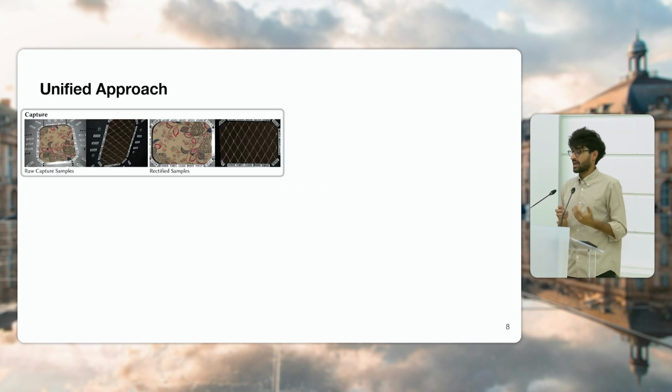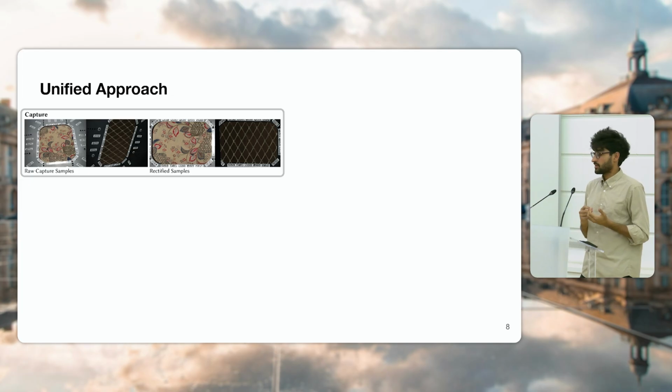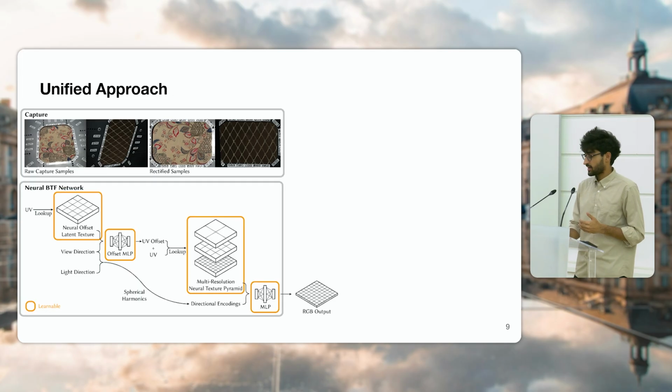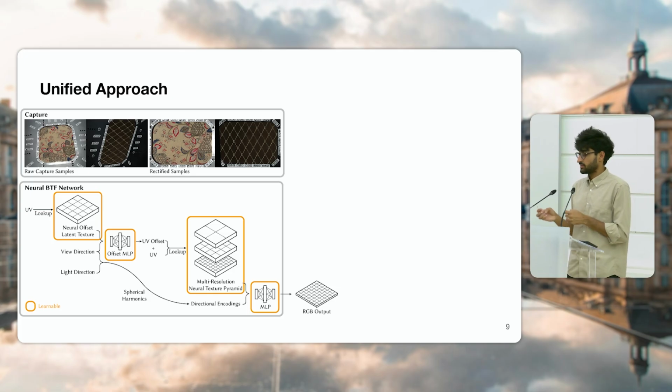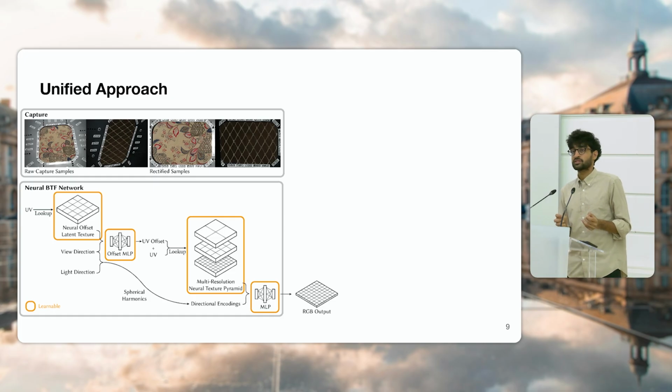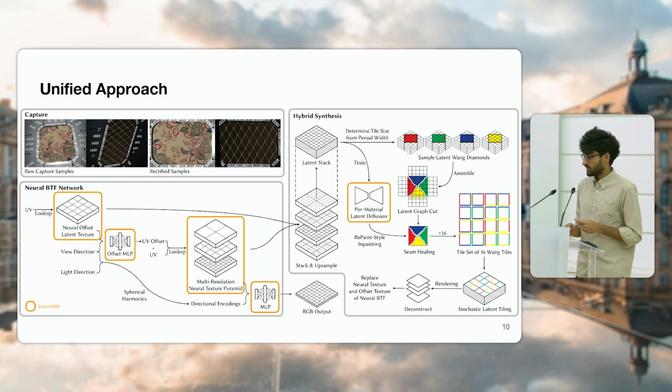We introduce a capture setup for a high-resolution BTF dataset of complex real-world materials with rich spatial variation and angular effects. We develop an improved neural BTF model that combines multi-resolution neural textures with a 2D view-dependent offset to improve reconstruction over prior neural and parametric representations.